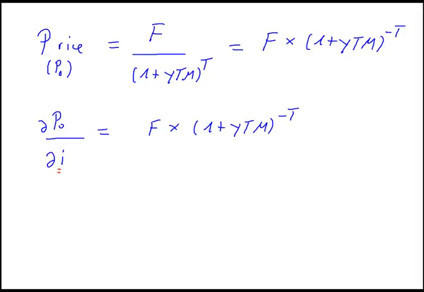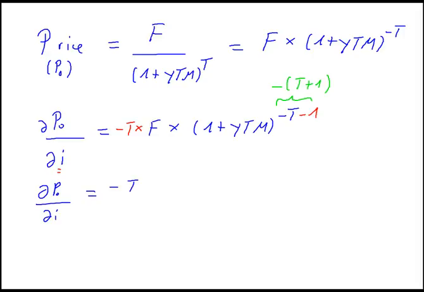So we take the exponent of minus t ahead of the face value, and we deduct 1 from minus t, giving minus t minus 1. The exponent of minus t minus 1 can be rewritten as minus (t plus 1). We can now rearrange this equation, the first partial derivative of the bond price with respect to a change in the level of interest rates, as follows.